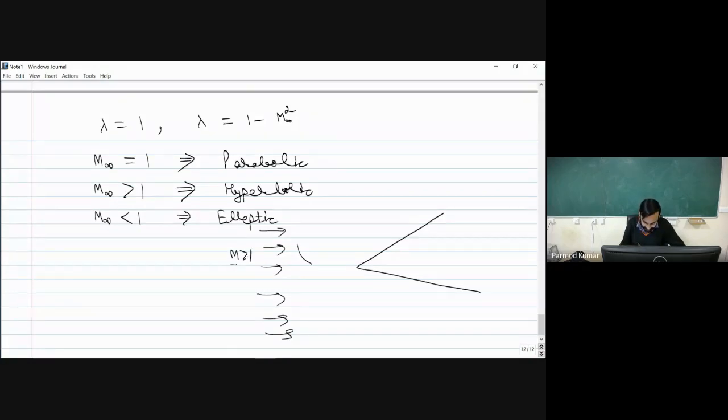If it is greater than 1, the flow will be supersonic. And while this supersonic flow comes over the wedge, we will find that we have some detached shock wave over here. So this is my detached shock wave. This is coming from the knowledge of compressible flow.